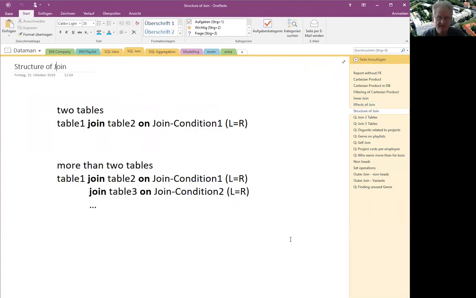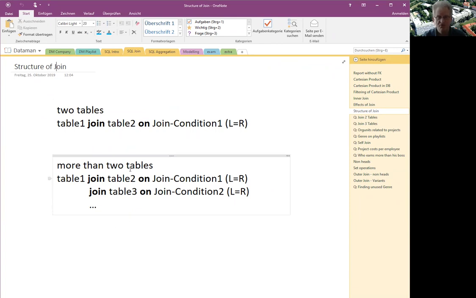So again, let's talk about the structure of a join. If we have 2 tables, we simply say table 1 join table 2 on the join condition.